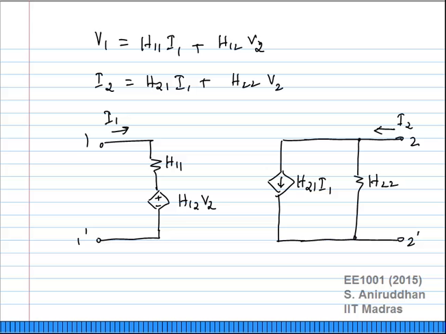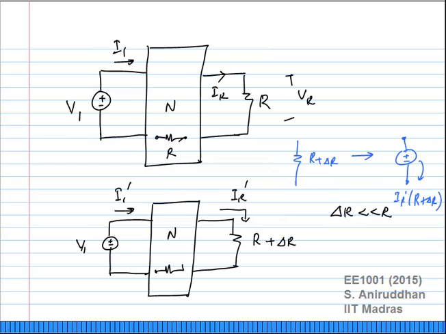And similarly, you can do the same thing for the H parameters and the G parameters also. So you will get a mix of parallel and series combinations. But the basic idea is any two-port for which you know any one of these parameters can be replaced effectively by one of these equivalents.